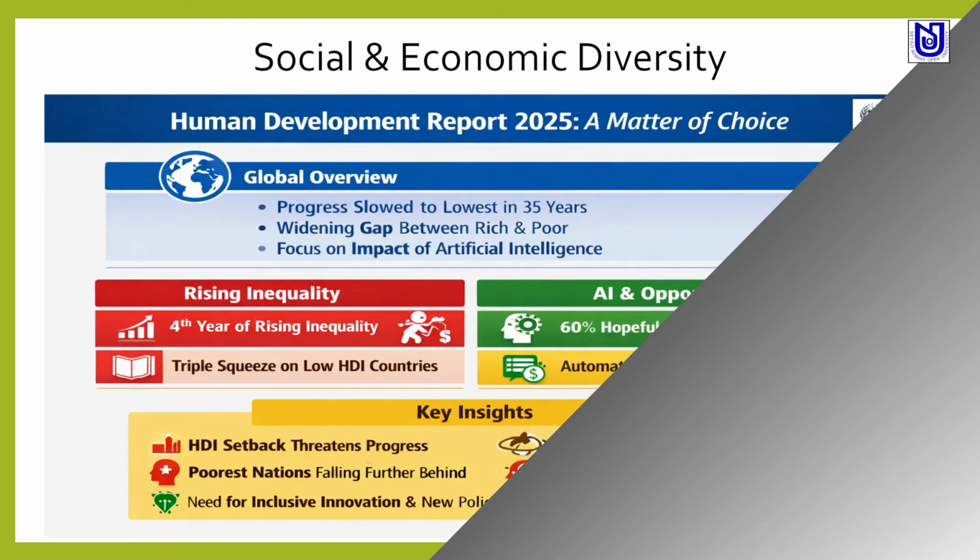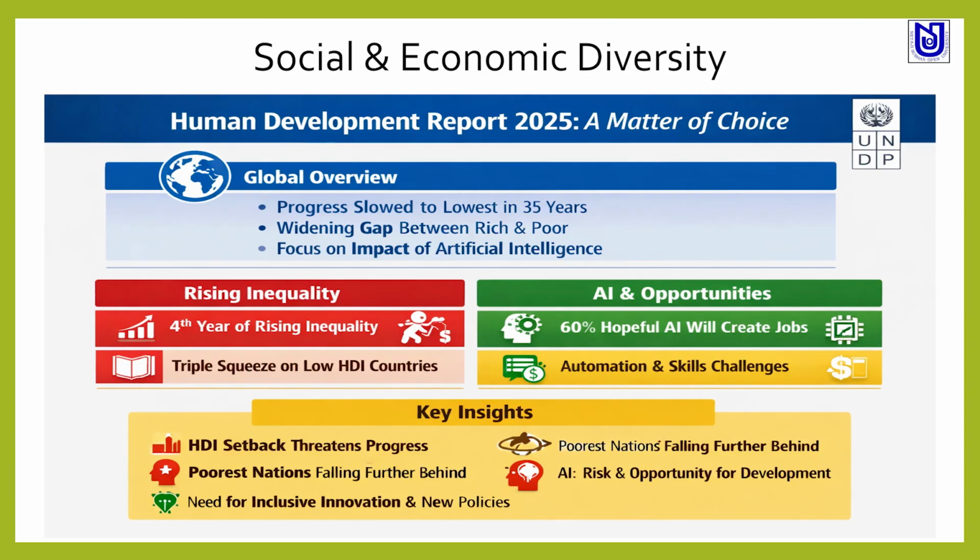Now we have to brief the Human Development Report published by the UNDP in 2025, and it underscores a critical slowdown in global progress, marking the weakest pace of human development in 35 years.